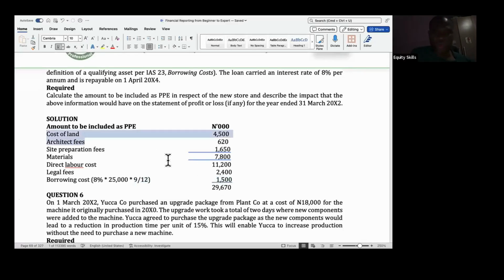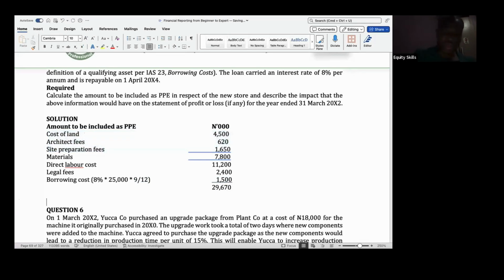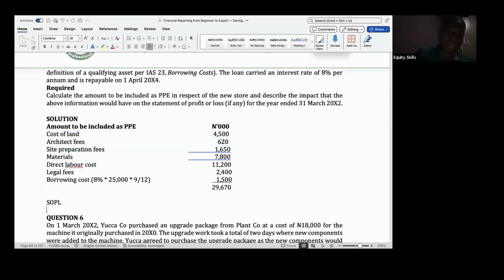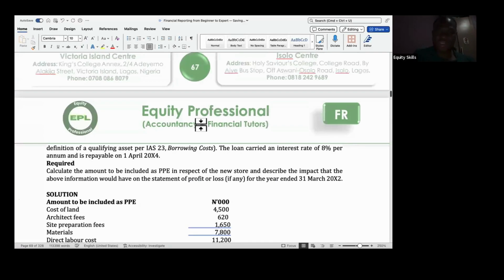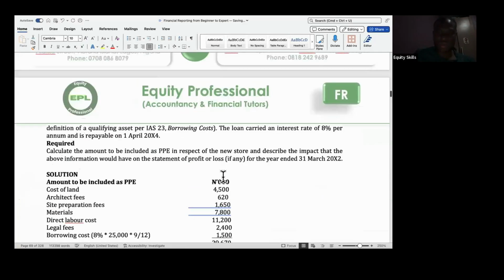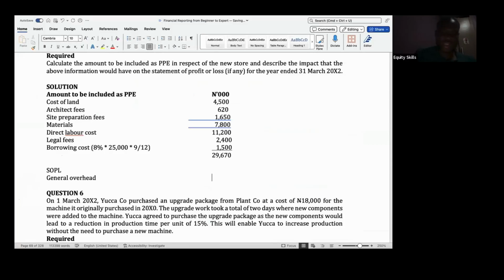So every other one you mentioned is correct. And you see, in the statement of profit or loss, in your SOPL, what will go there is, number one, that general overhead that we did not capitalize, this 940, will go to the statement of profit or loss.